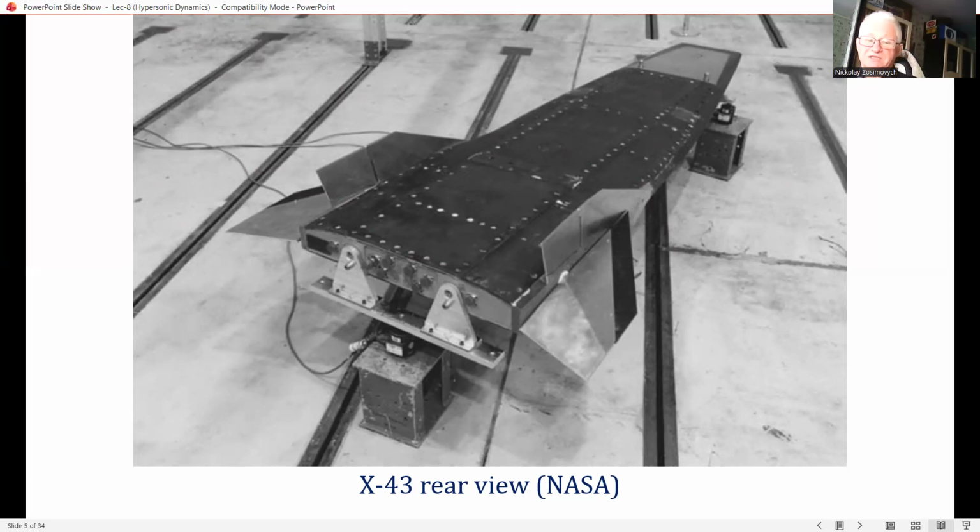But the X-43 is designed right on the margin of its required performance, and the absolute best accuracy is required when calculating its detailed aerodynamics. The approximate techniques discussed earlier are simply not good enough for this purpose.